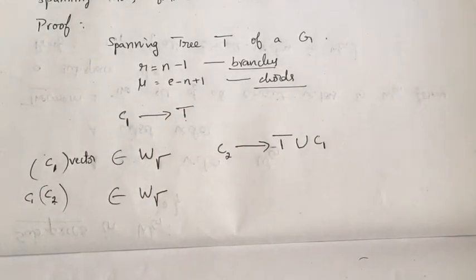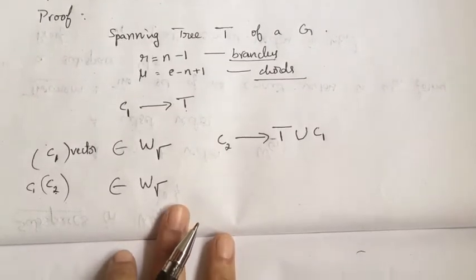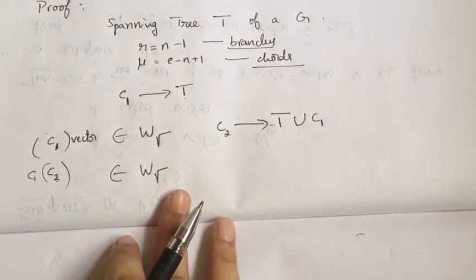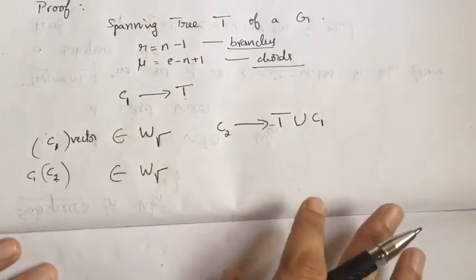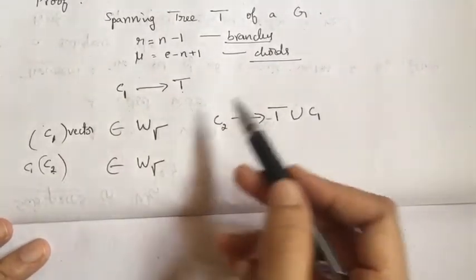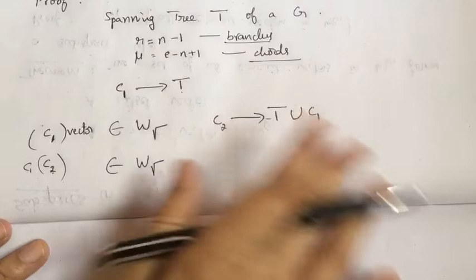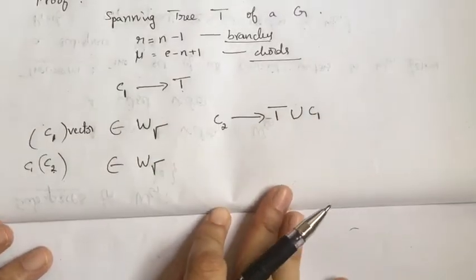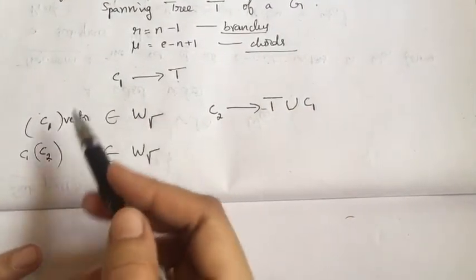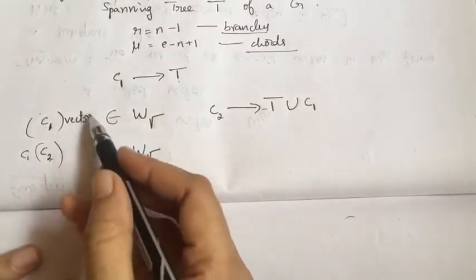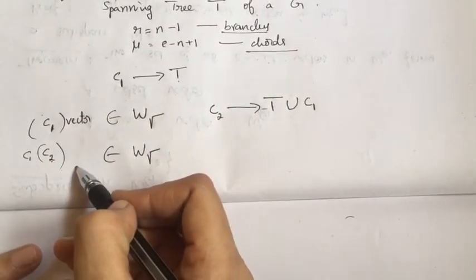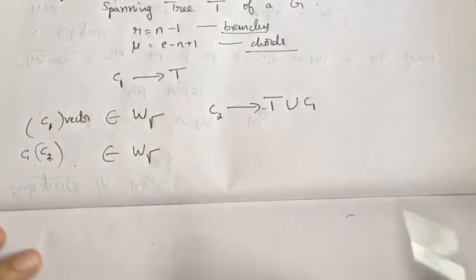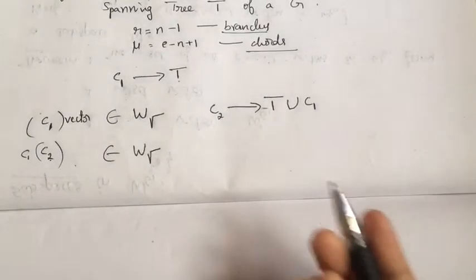So I can say the circuit vector representing the second fundamental circuit and the first circuit vector are linearly independent, because they have at least one edge which is not common. Thus these two fundamental circuit vectors are linearly independent, and this can be added to the basis. Now I am adding a third chord.